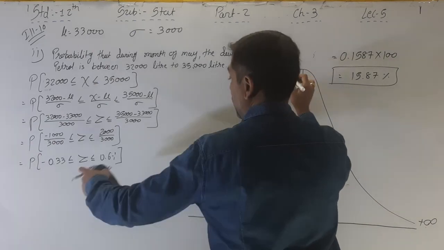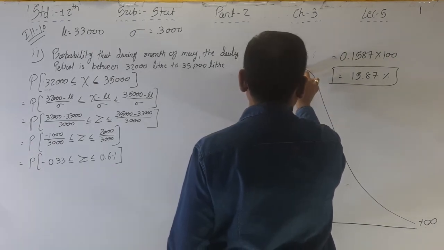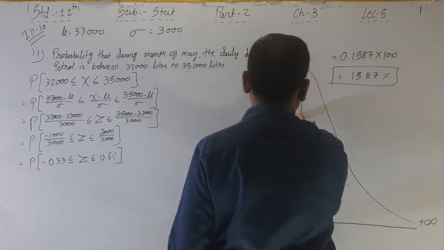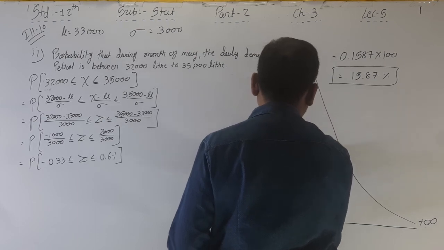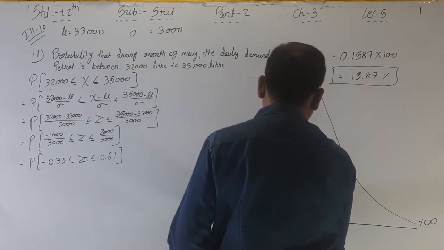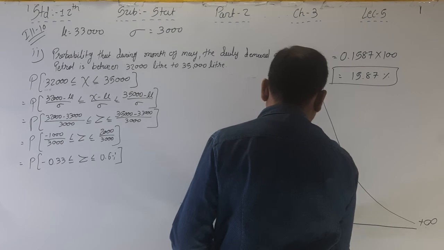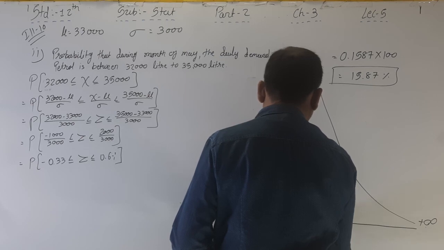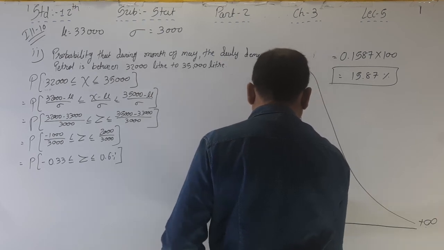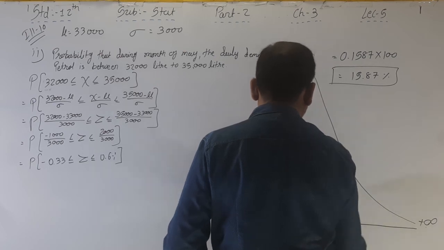Here Z is equal to 0. Here Z1 is equal to minus 0.33.